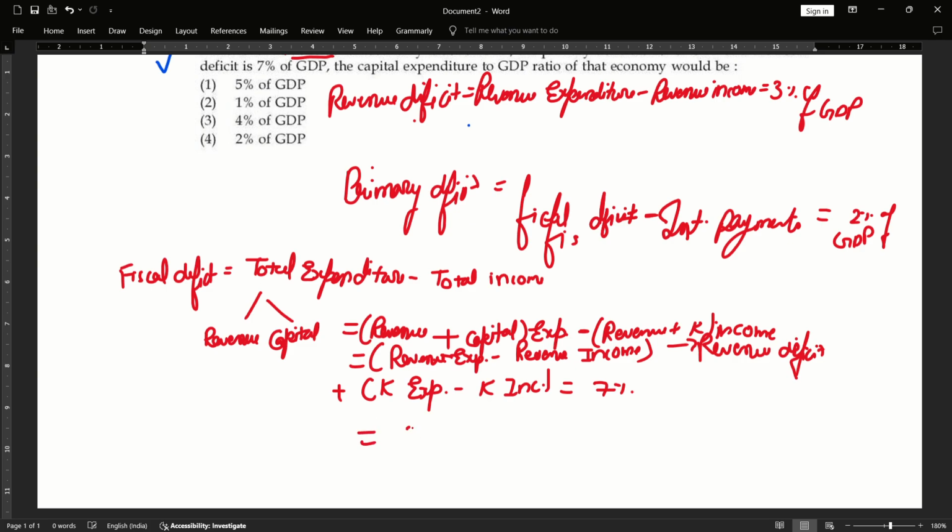So 3% plus capital deficit, I can write it as this, capital deficit is equal to 7%.